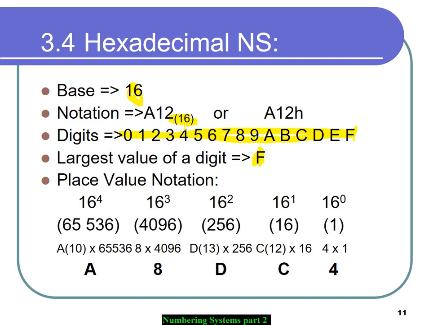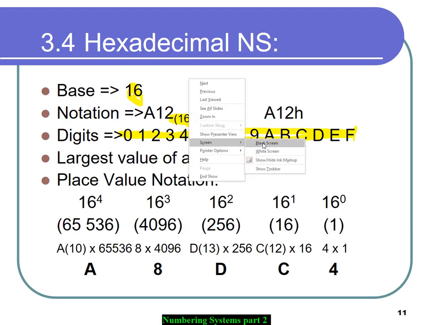If you had to put this in, let's just do a blank screen. If we say it's F, that's the largest. So if you had to do this, 1, 2, 3, 4, 5, 6, 7, 8, and then 8, 9, 10, 11, 12, 13, 14, 15.